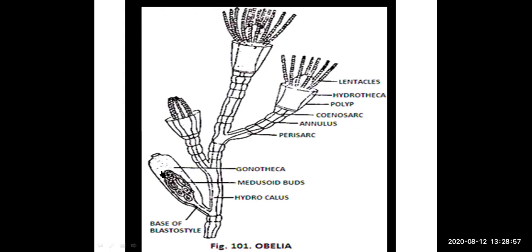In the fully grown gonozooids, the gonotheca develops an opening called the gonophore at the terminal end.